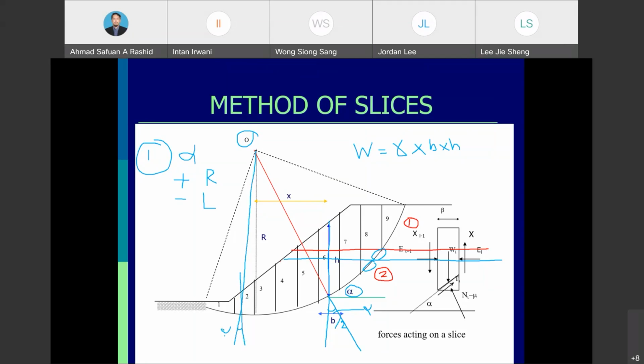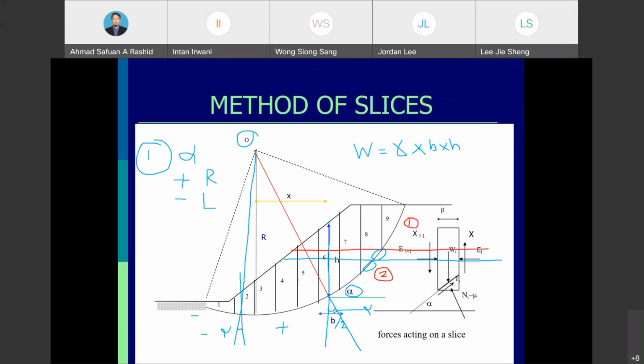The alpha is on the left side from the center, so the alpha will become negative, and slice number 1 will also become negative. And from 3 to number 9, it becomes positive.